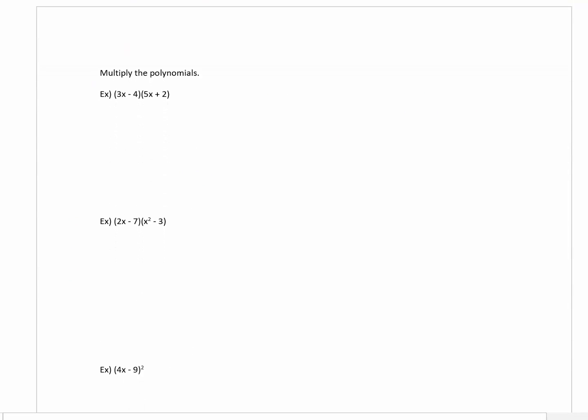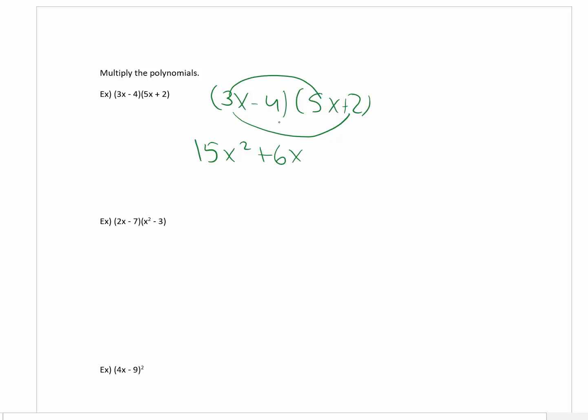Okay, so let's take a look at a couple other examples then. So again, I'll use the FOIL method. So I'm going to rewrite this on the side. So multiply. And now combine like terms.